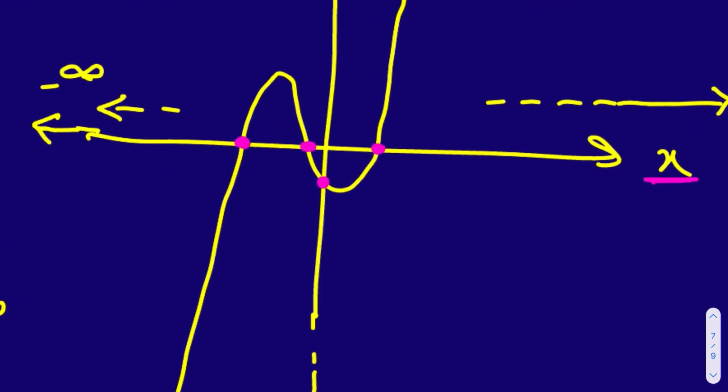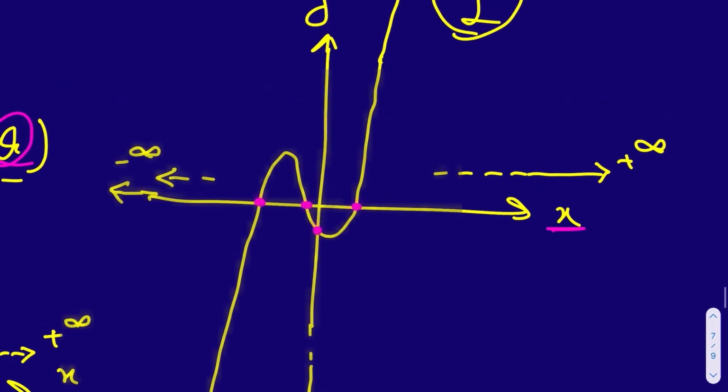And also this curve intercepts the y-axis, and we also need to know the value of this point. In order to find the point at which the curve intercepts the y-axis, we need to look at the polynomial and substitute x by 0. The reason is that on the y-axis, the value of x is equal to 0.